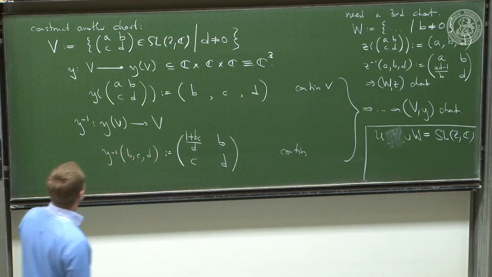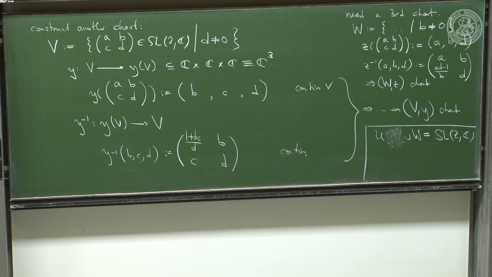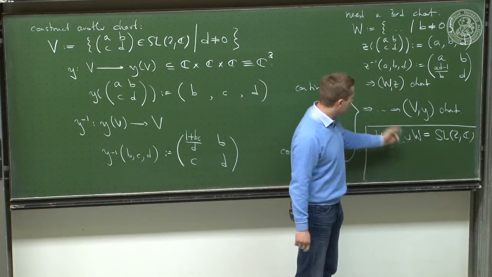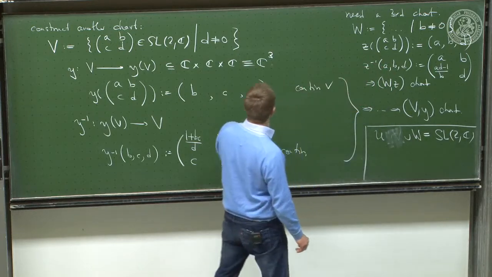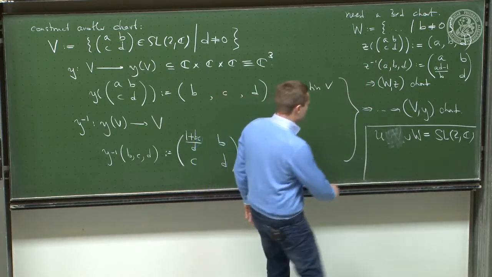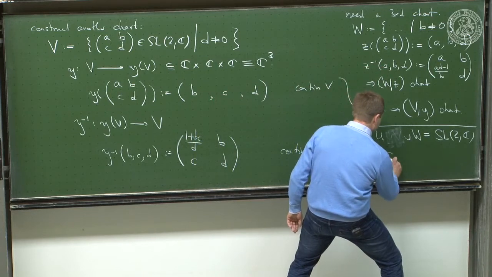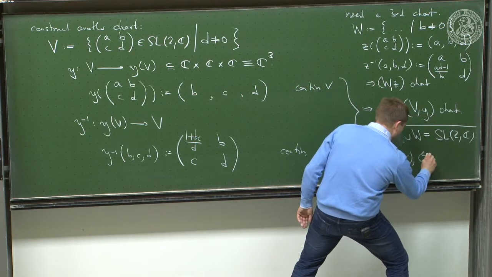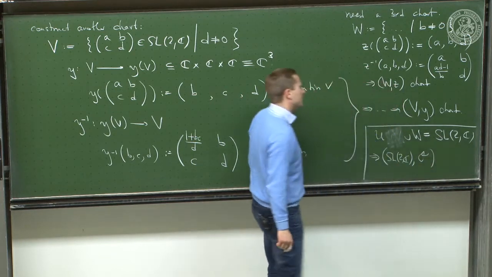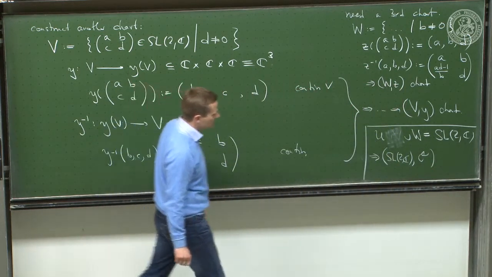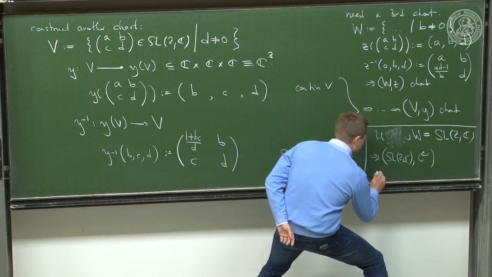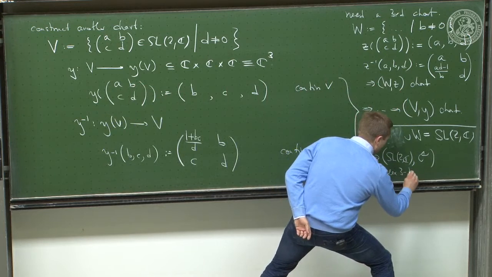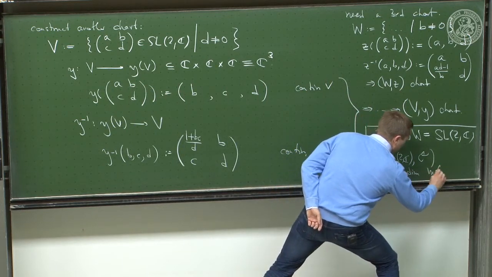And they're all homeomorphisms, and that also means that about every point of this guy, I have a homeomorphism into some C to the 3, and from that it immediately follows that SL2C, with the already defined topology we just checked, is a complex three-dimensional manifold.